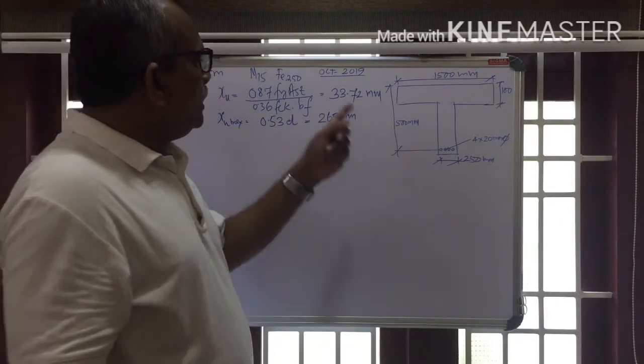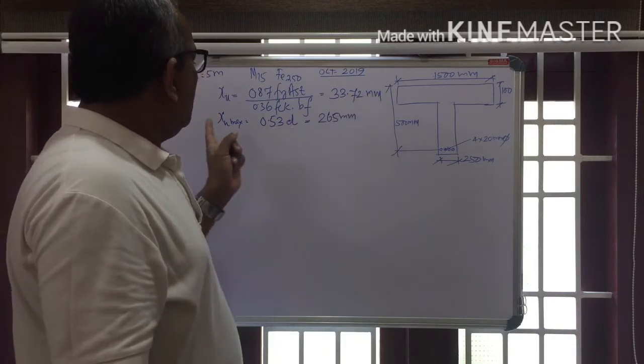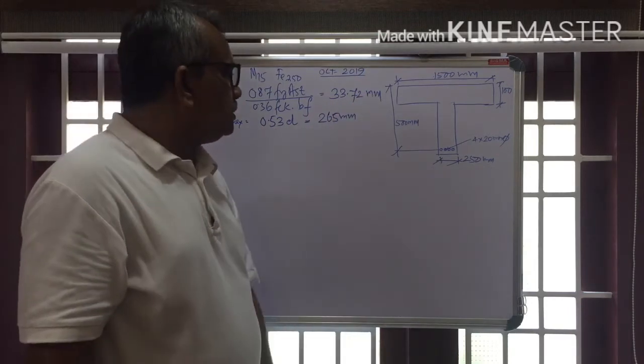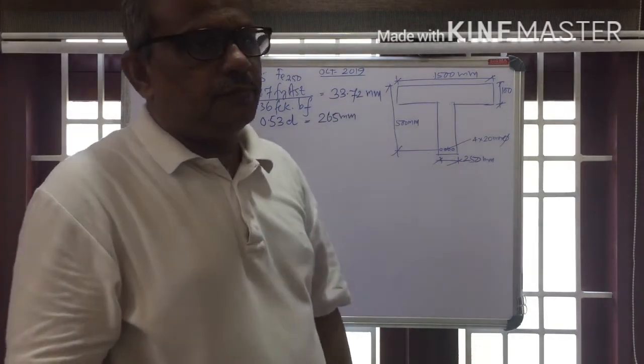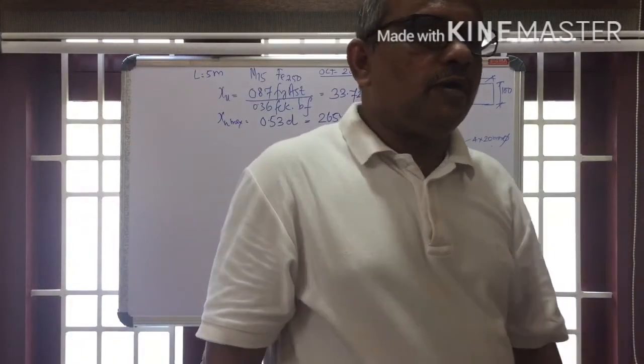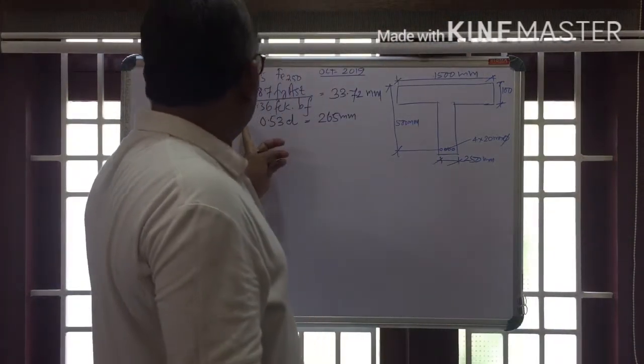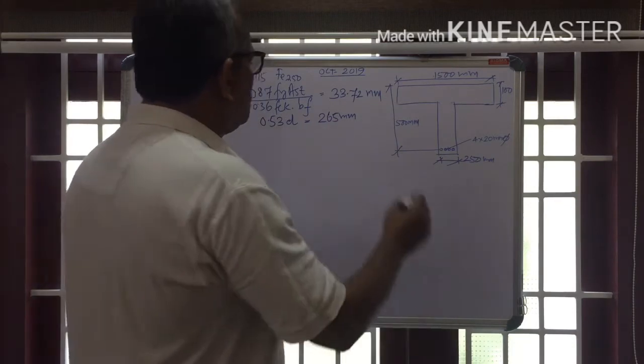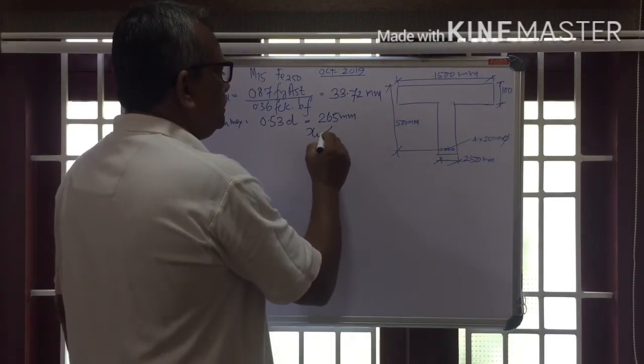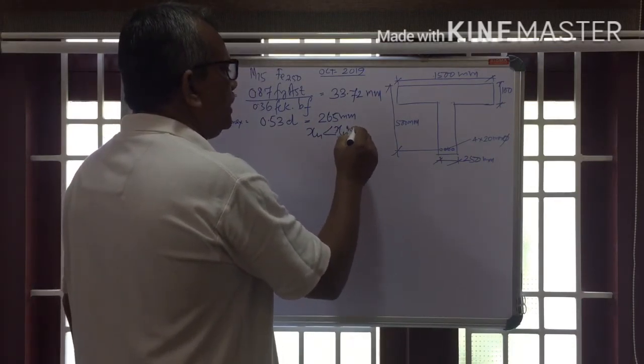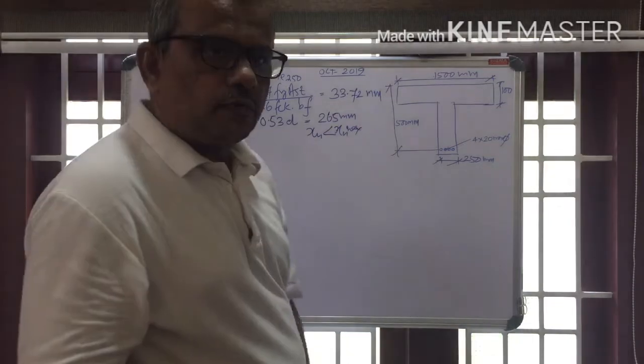So the actual depth of neutral axis is 33.72 mm and the critical depth of neutral axis is 265 mm. Now we can compare both the values. Here XU is less than XU max, and therefore what is the conclusion?